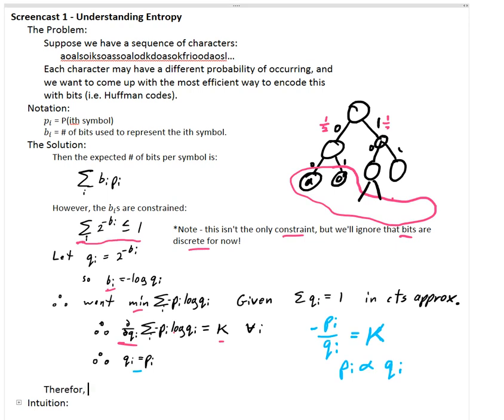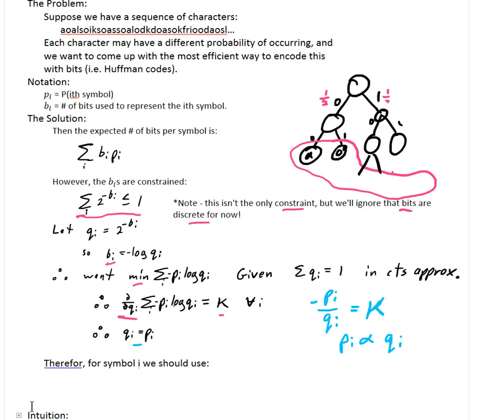Therefore, for symbol i, we should use bi equals minus log of Pi bits.